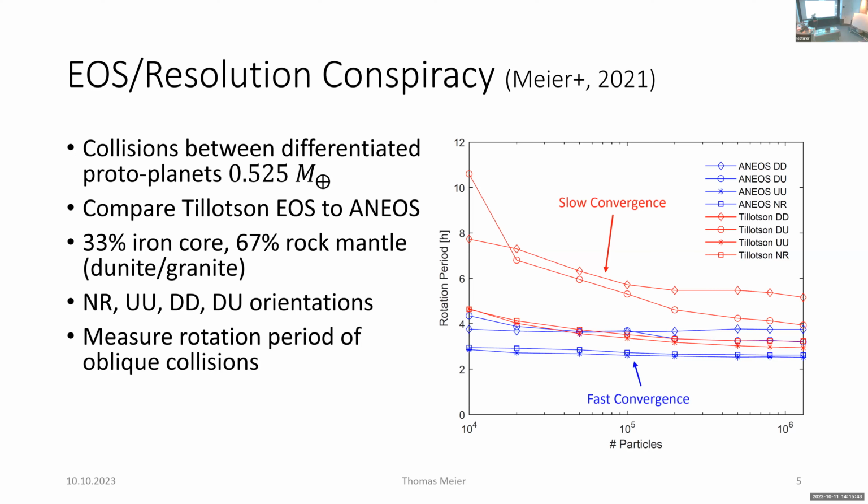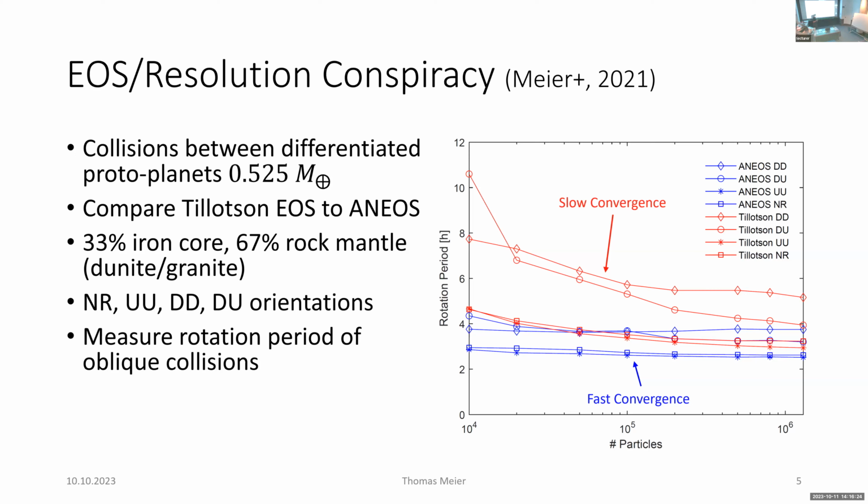The reason for that is the way these two equations of state treat the gaseous phase, the low density vapor phase. The more realistic one, ANEOS, treats this phase much more correctly, so that in the end product most of the body was condensed, while in the Tillotson case a lot of the mantle was still considered gas, and so was interacting with the disk that formed to transport out a lot of angular momentum.